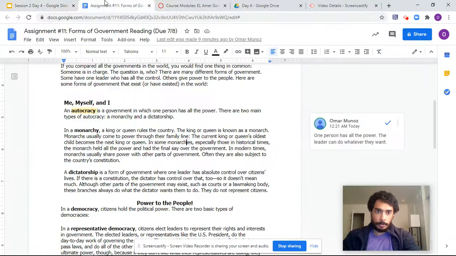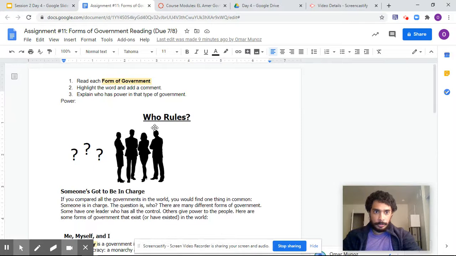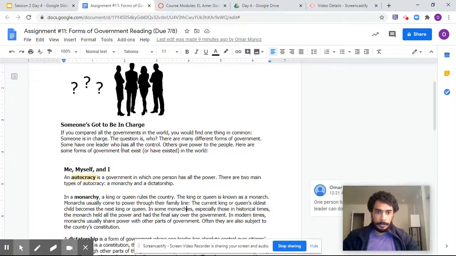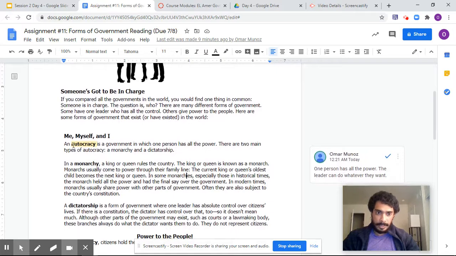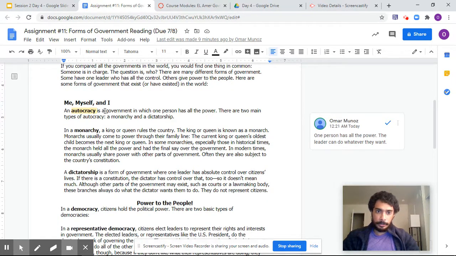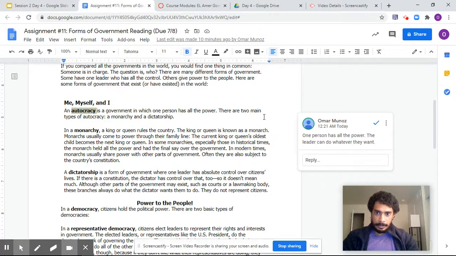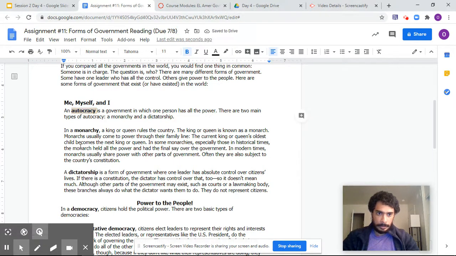So I'm going to show you how to do it. Here's the reading. Here are the instructions. I read this one: an autocracy is a government in which one person has all the power. I highlighted autocracy and added a comment.